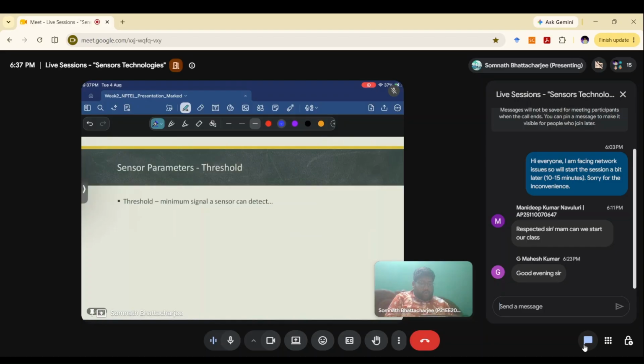So this is our output and this is our input parameter. And this is starting from 0. Let's say it's reaching up to here, that is 100.